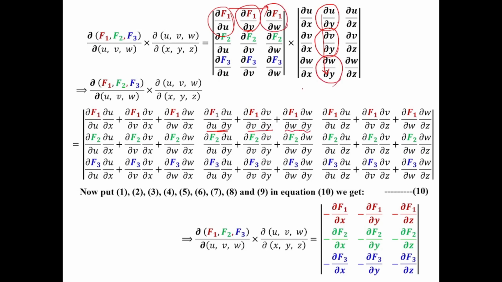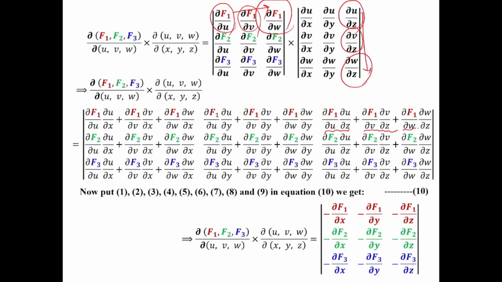Then the first row and third column: del f1 by del u into del u by del z, del f1 by del v into del v by del z, del f1 by del w into del w by del z.